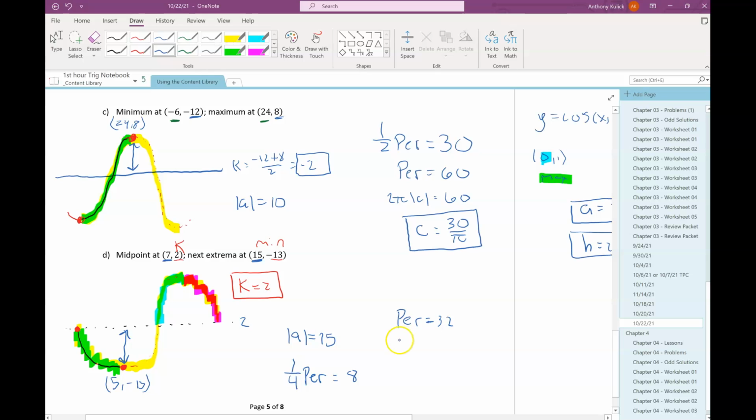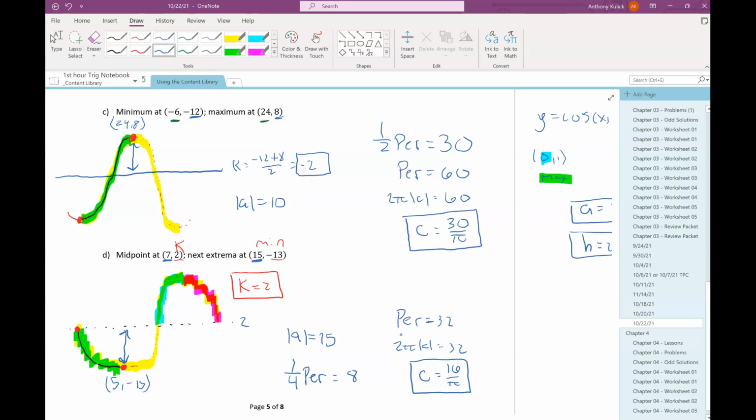And I know the period is 2 pi over the absolute value of c. So when I divide both sides by 2 pi and select the positive answer, I get that c is 16 over pi.